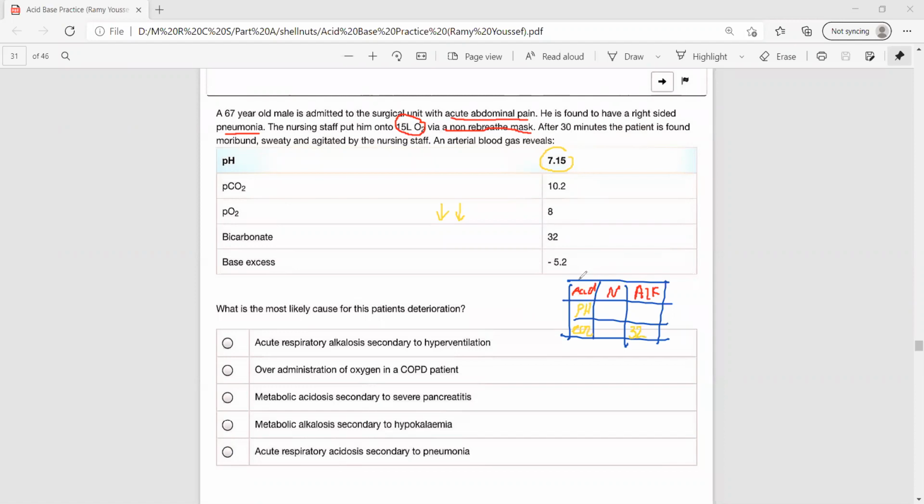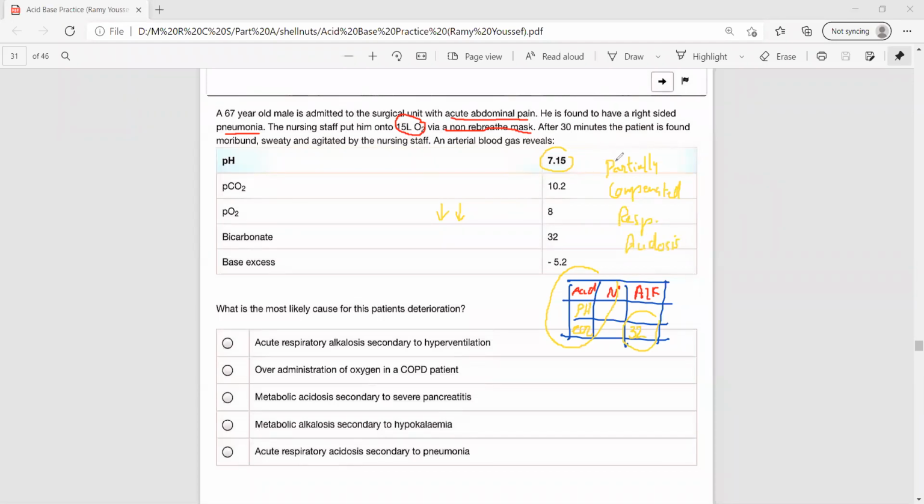It is partially compensated respiratory acidosis. I write what you say: partially compensated respiratory acidosis.